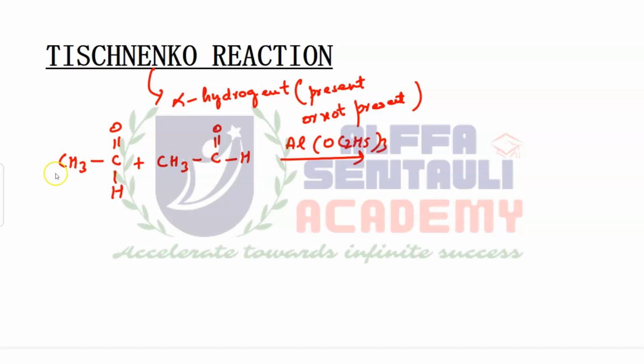Let me just draw this. This is our ethanol, which will become ethanol. The other compound will also undergo reduction, and you will get another molecule of alcohol. So one molecule is going complete reduction, and the other molecule will undergo oxidation, and you will get a carboxylic acid.